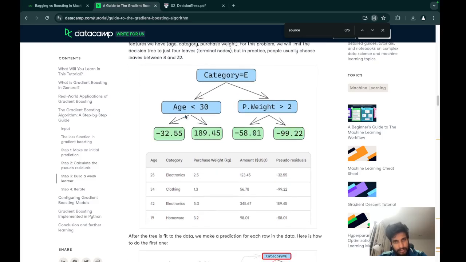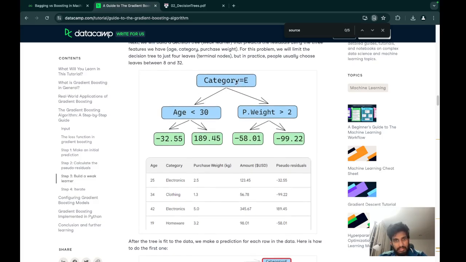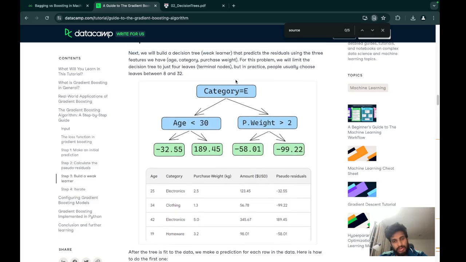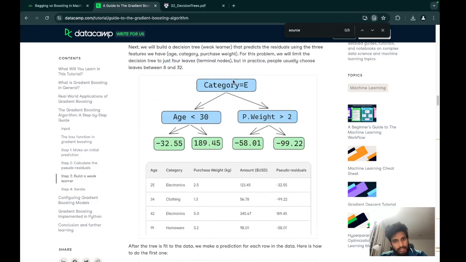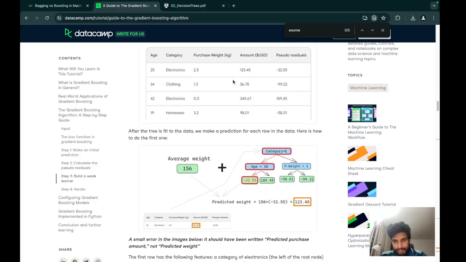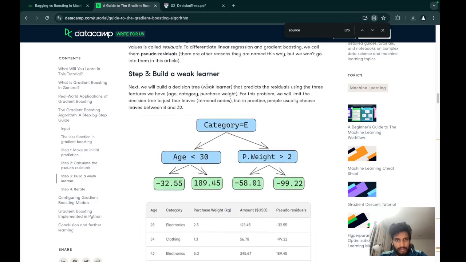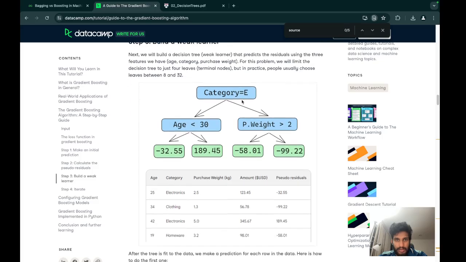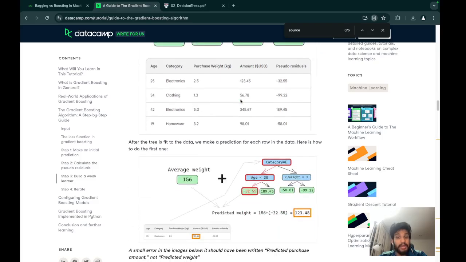Category is equal to E, not sure what that means. That's just because we're using four leaves.